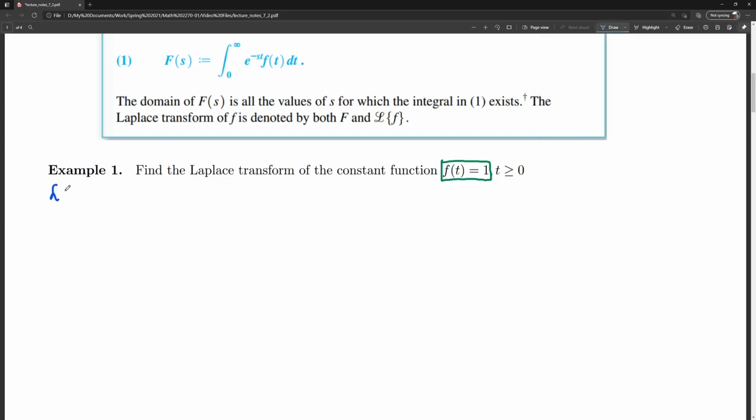The Laplace transform of our function f of t is itself a function of s, and it's given by the Laplace transform of the constant function 1.